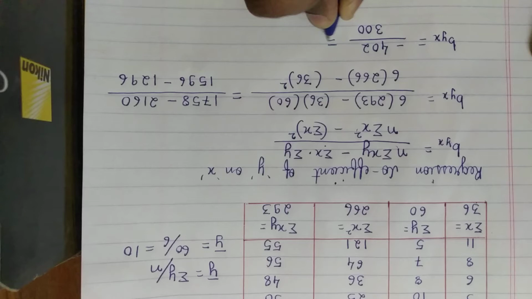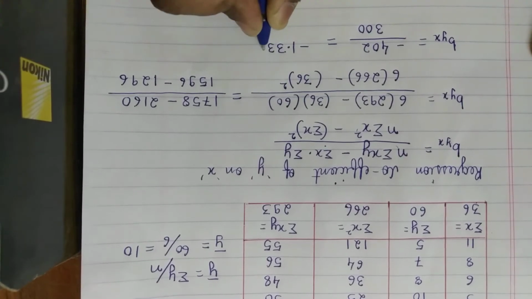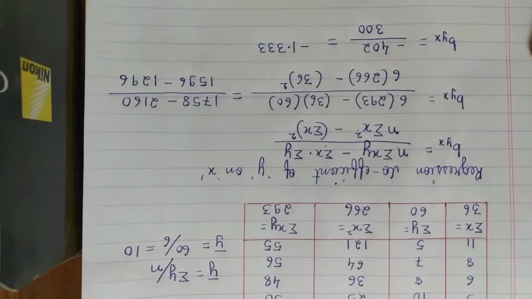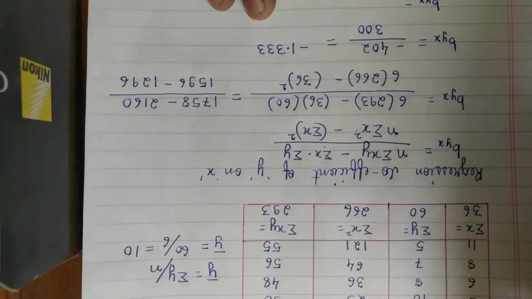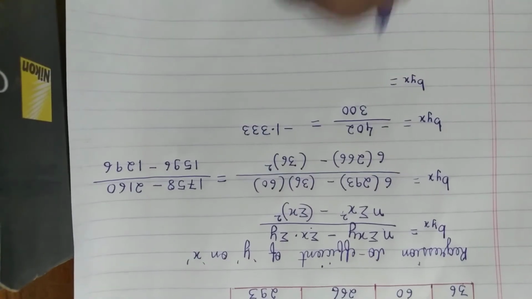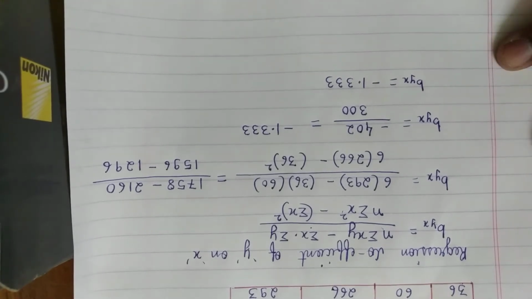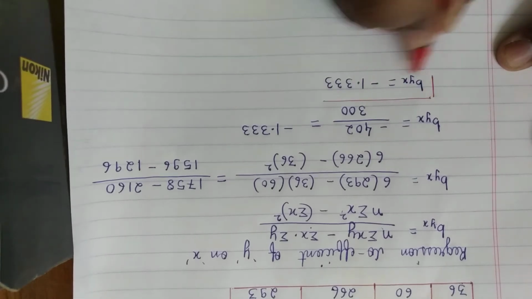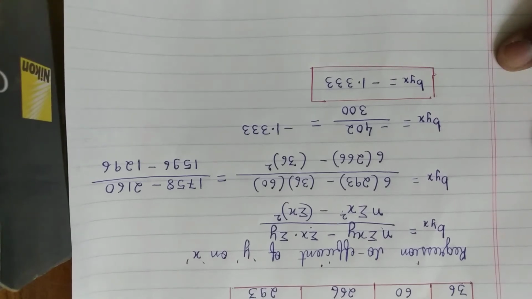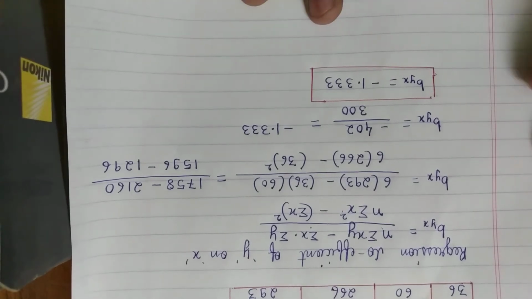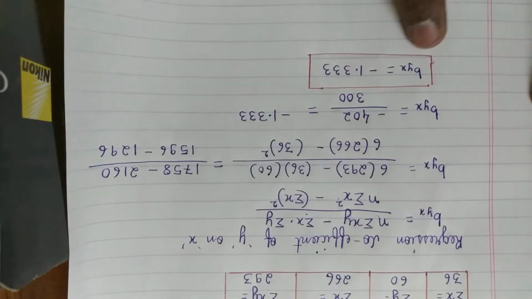So once you divide this, you will get minus 1.333. So byx is equal to minus 1.333. This is important, you'll get marks for this, so I'm putting it in a box. Now I have found the regression coefficient. Okay, regression coefficient byx is this much.